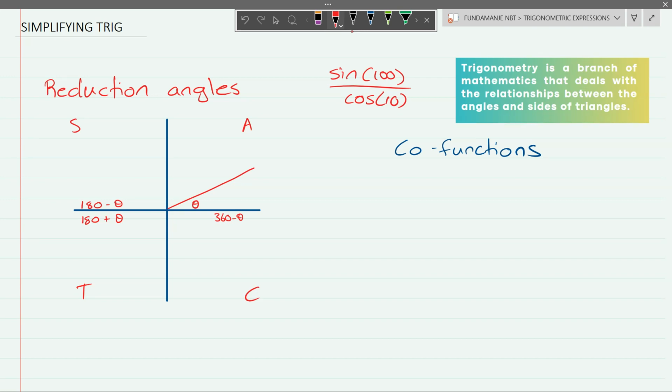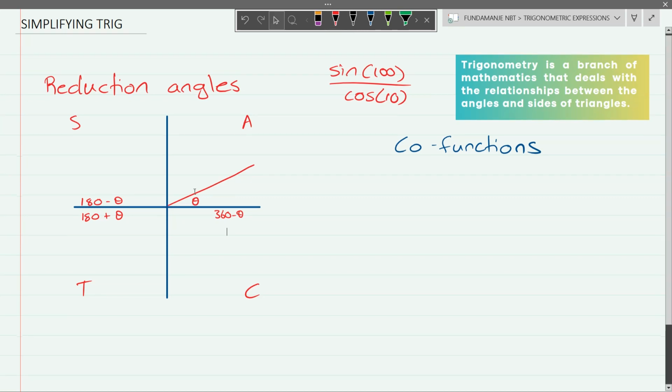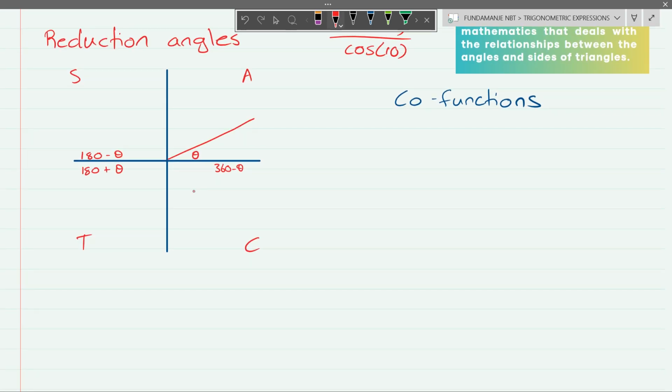So what does this actually mean, and how can we apply these laws? Let's say you're given something like cos of 120.